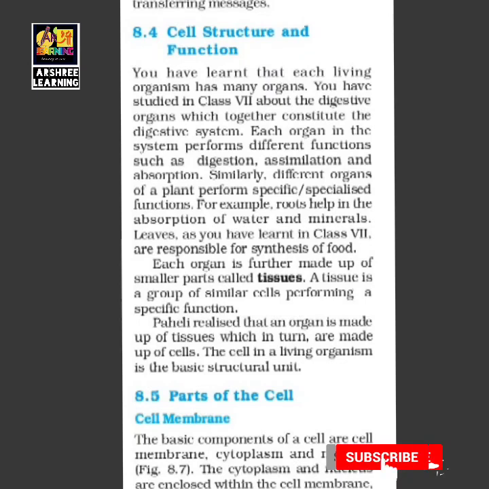Next we will read what the parts of a cell are. As we read just now, the outermost boundary of the cell is called the cell membrane. The basic components of the cell are the cell membrane, cytoplasm and nucleus. There are three parts of a cell. Cell membrane is the outermost layer which makes the cell.